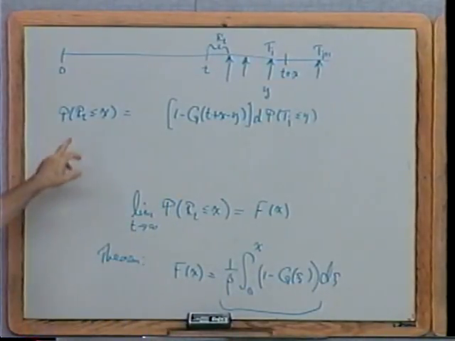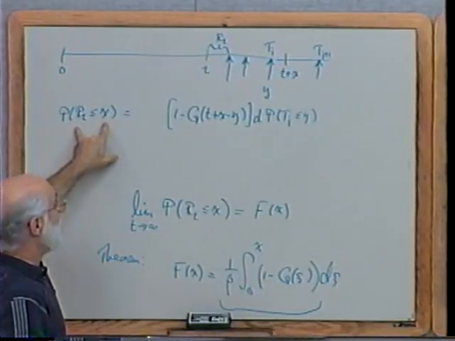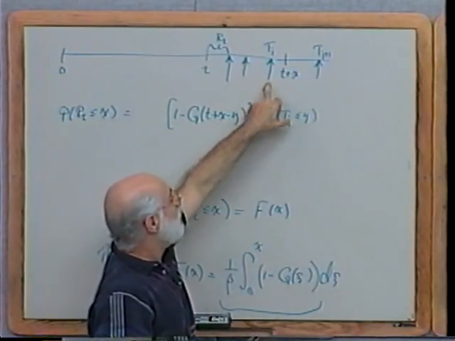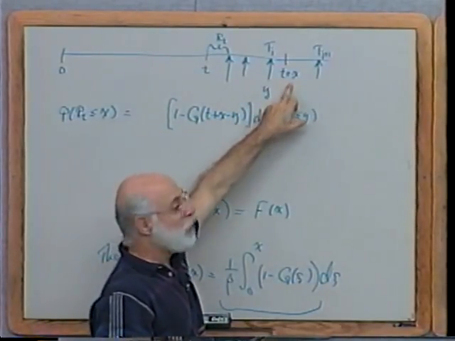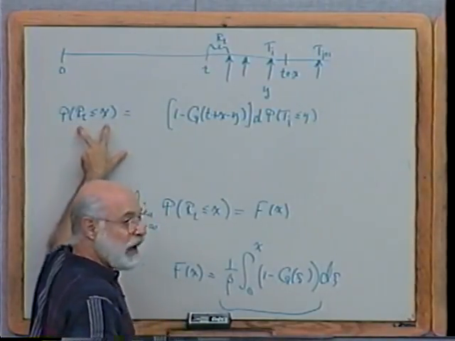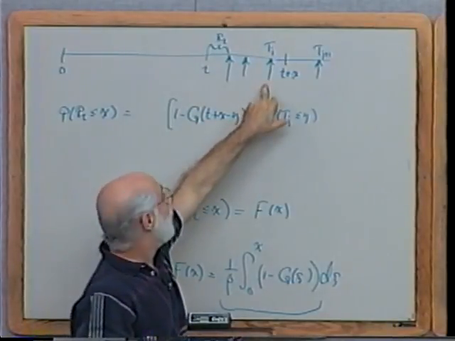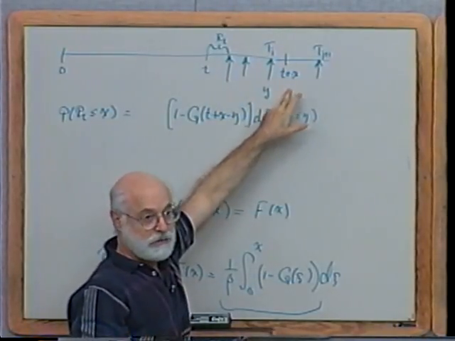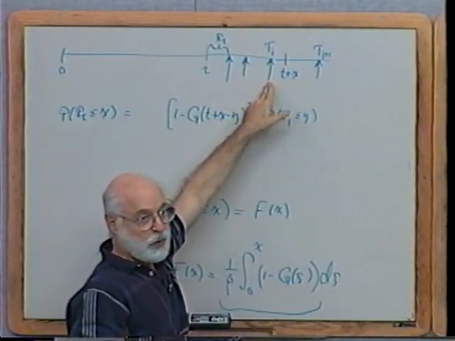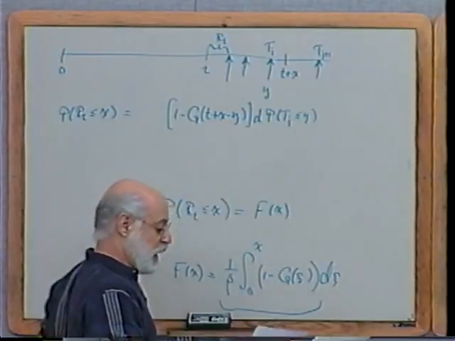Okay, so now we want to calculate the probability that r sub t is less than or equal to x, and we've calculated the probability that the jth renewal is the last renewal to occur before time t plus x, and we know that r sub t will be less than or equal to x if and only if at least one of these renewals occurs between t and t plus x. And if at least one occurs, then there's the last one, and the last one could either be the first one in the process, or the second, or the third, and so forth.